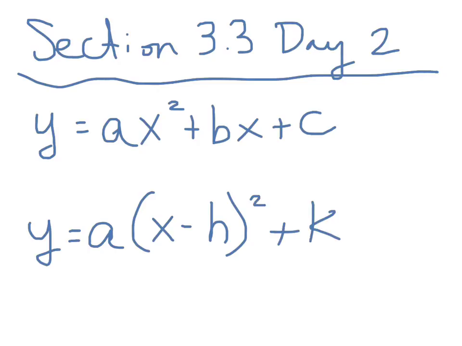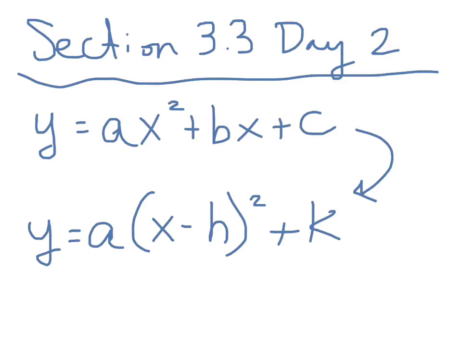So what we're going to do is take an equation like the first one, and rewrite it so that it looks like an equation in the second one. So we're not going to graph this either. All we're going to do is just rewrite the form. And how do you do that? You use completing the square. So what we did yesterday.